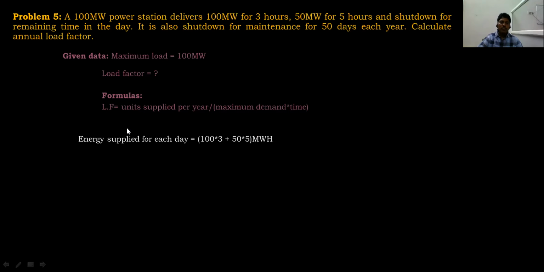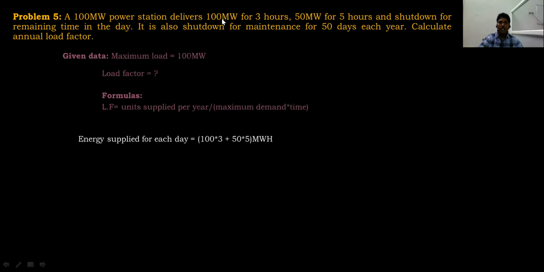In this problem, we need to find the energy generated by the power plant per day. Energy supplied for each day is equal to 100 megawatts into 3 hours, because 1 unit is equal to 1 kilowatt hour.